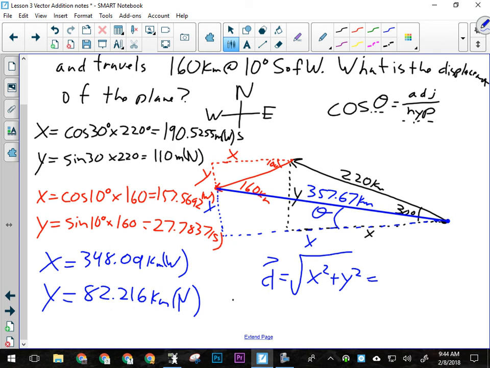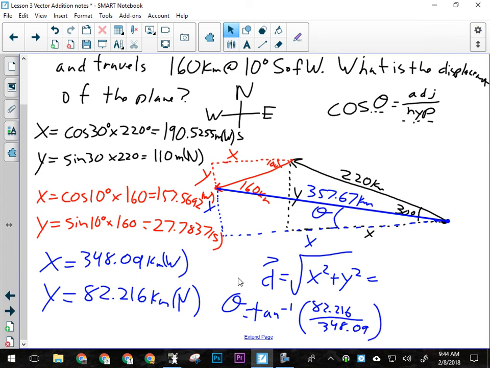So I'm going to use trig, and you can use any trig function you want. I'm going to use tan because it's my favorite. So that's going to be 82.216 divided by 348.09. I'm going to use all the decimals when I actually calculate it.